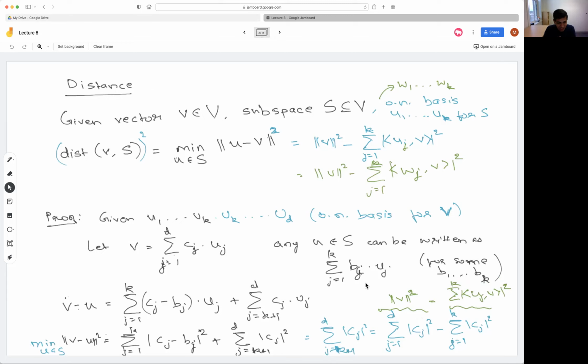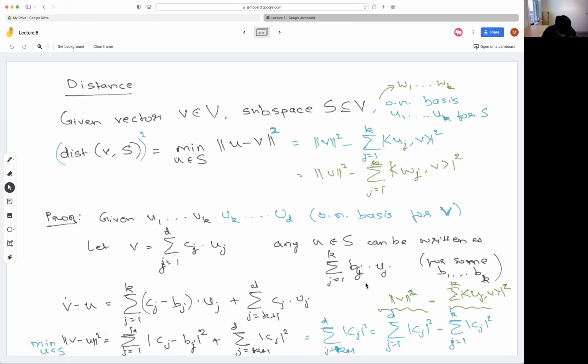So I mean, it's just sort of stating what we know from Pythagoras theorem or from our intuition about projections to linear spaces in terms of an orthonormal basis, or giving us a convenient way of computing it. As I said, it's a quantity which can be computed in terms of the basis, but it doesn't really depend on the basis.